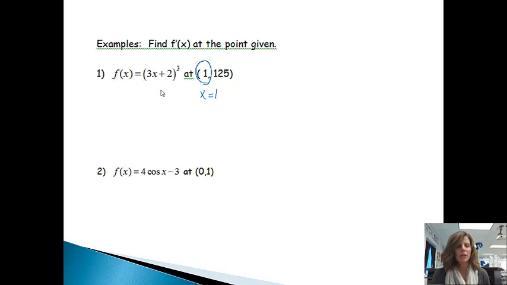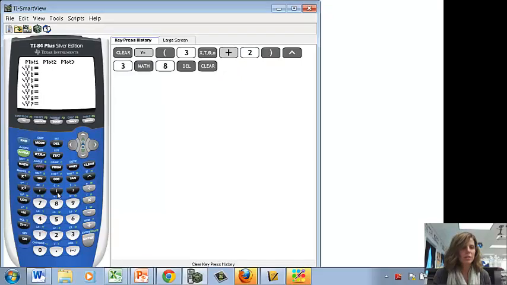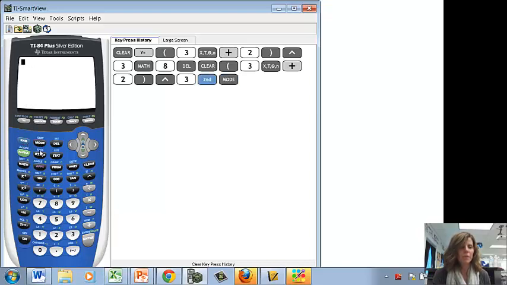So let's go ahead and grab out our calculators. Let's do 3x plus 2 raised to the third power. We need to get out of the screen before we press Math 8, so let's do second quit. So now I'm going to hit Math 8, and when I do that, notice it says nDeriv. It's going to take the derivative.